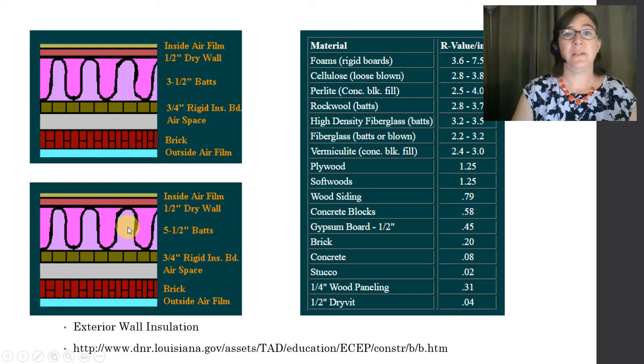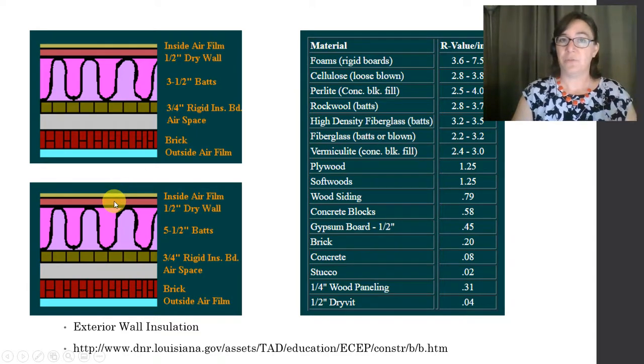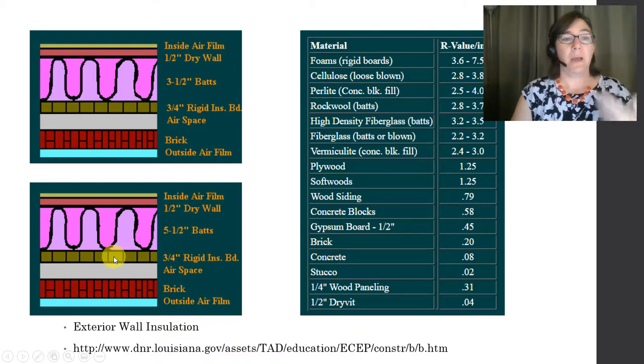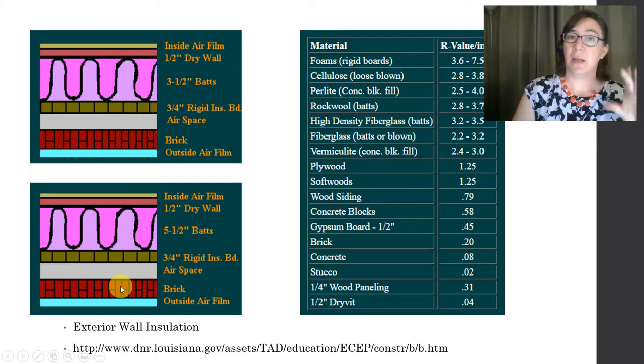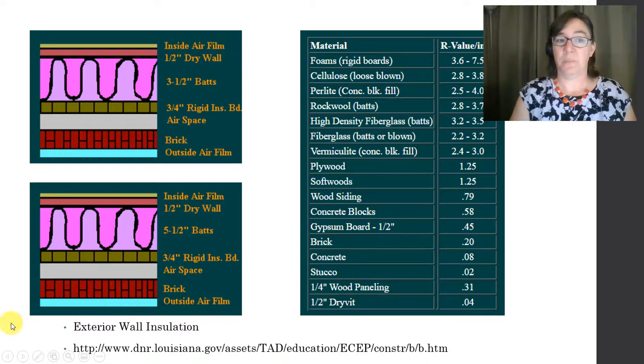Next, example number 2 is almost the same. Let's see if you can catch the difference. We've got an inside air film, 1/2 inch of drywall as the interior finish, 5.5 inches of batt insulation, a 3/4 inch rigid insulation board, an air space, a layer of brick veneer, and an outside air film.